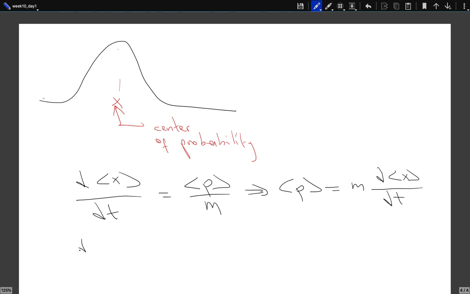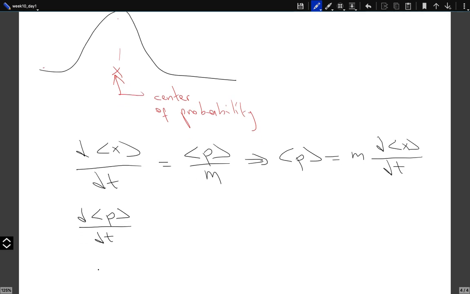And if you calculate how the expectation value of P changes as a function of time, what you will find is that this is equal to minus the expectation value of the gradient of the potential, or the expectation value of the force.